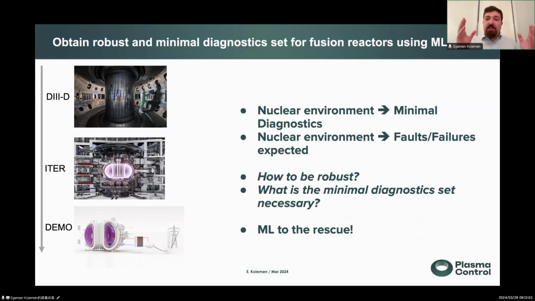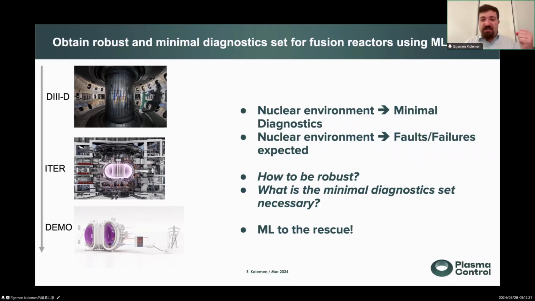Because first you need the eye, so we've got to get that sorted out. In DIII-D we have this, and ITER is going to be like this, and DEMO is going to be producing electricity. So a nuclear environment requires minimal diagnostics. Because of the nuclear environment, you have faults and failures. So some diagnostics are going to fail. How do you become robust, and what is the minimum required diagnostic set?